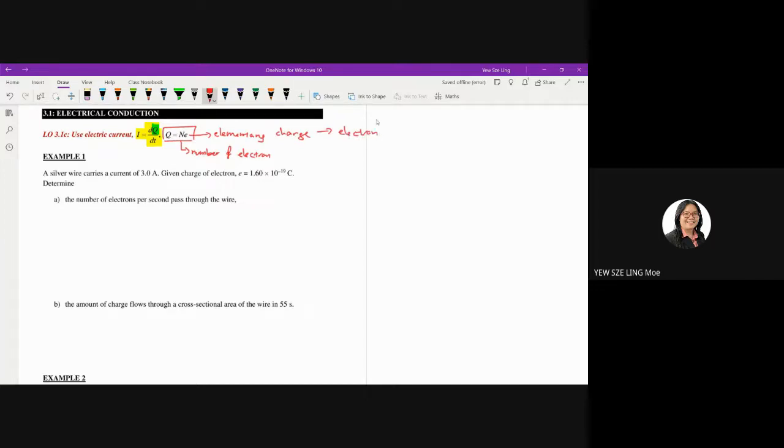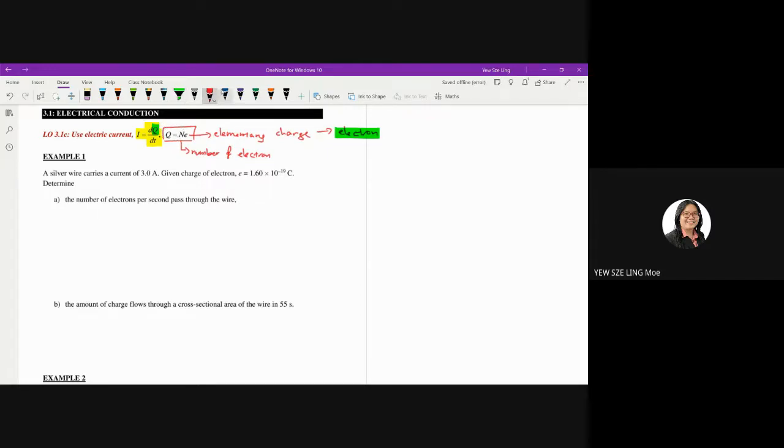So when you search for the value of e in the list of constants, you search for the elementary charge. The elementary charge covers the proton and the electron, and in this chapter we focus more on the electron. You look at how many electrons you have in the circuit. Therefore, you calculate current by using dq over dt, not just one electron. Don't use the value for one electron. You have more than that.